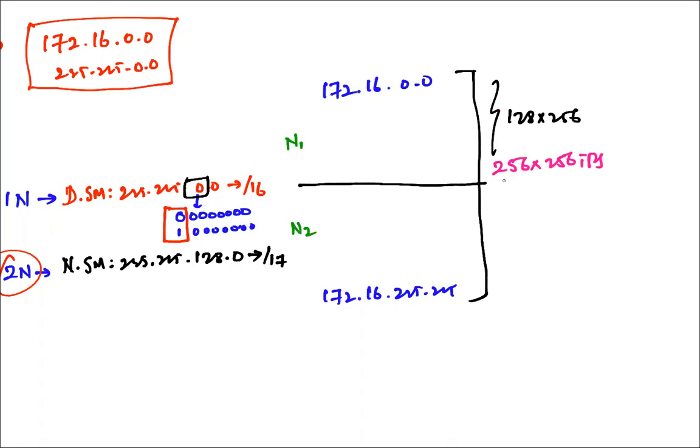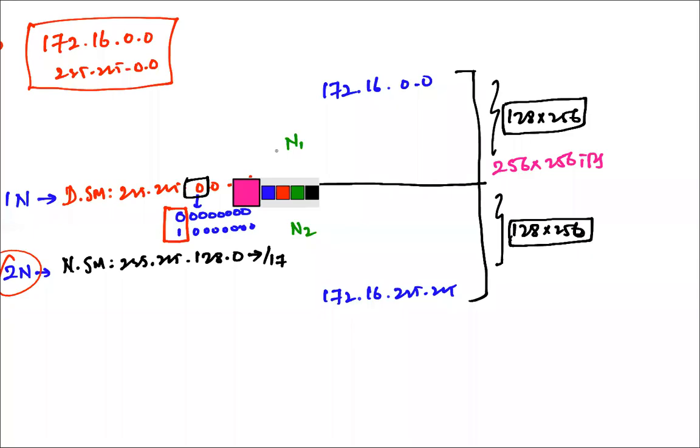If you have 256 into 256 IPs in the whole range and break them in half, the first half is going to have 128 into 256, and the second half is going to have the same, 128 into 256, correct? Good.